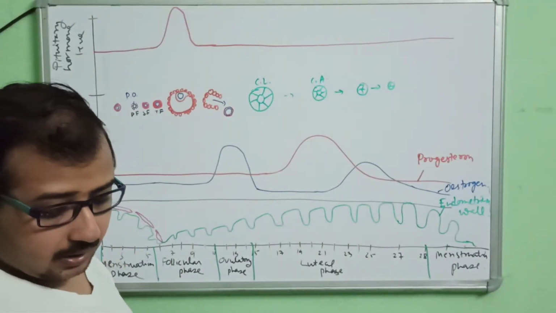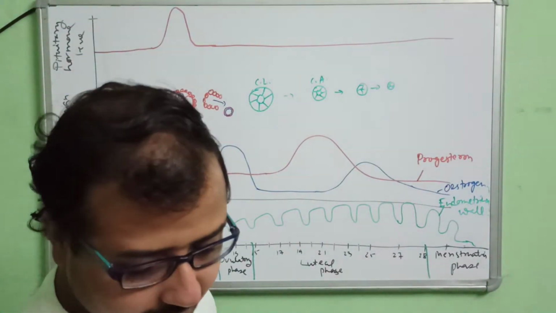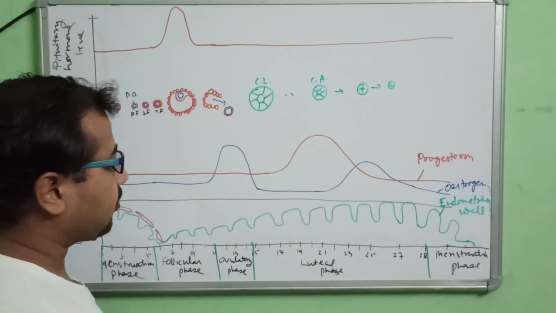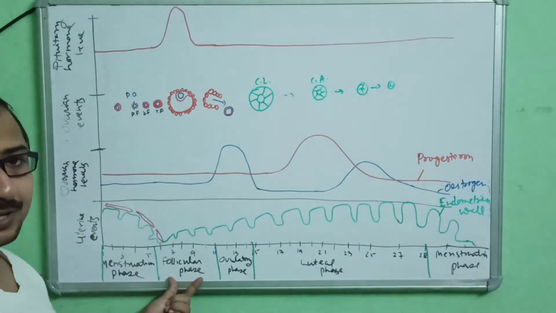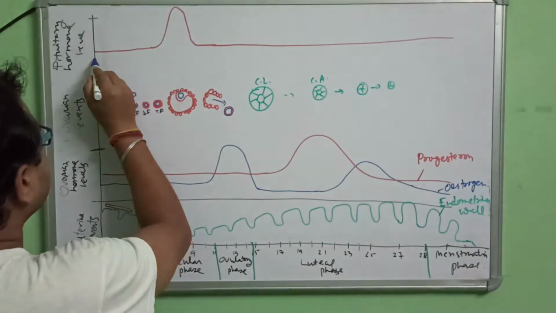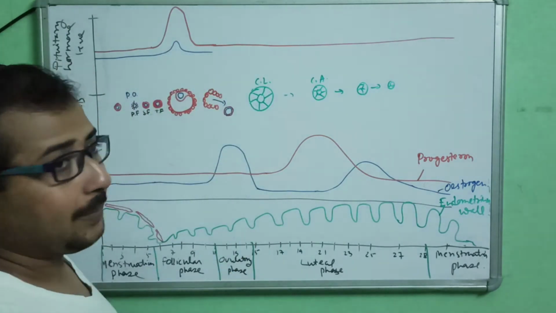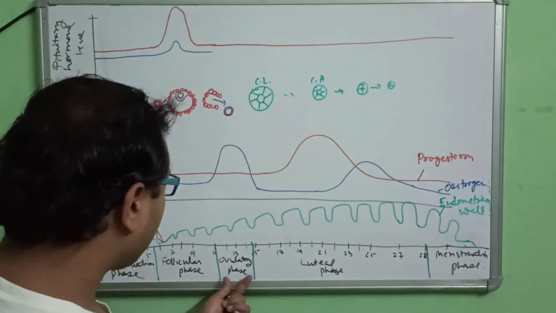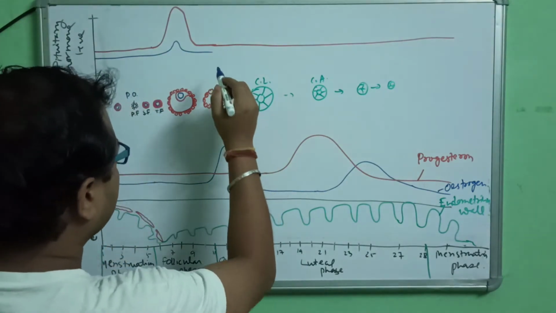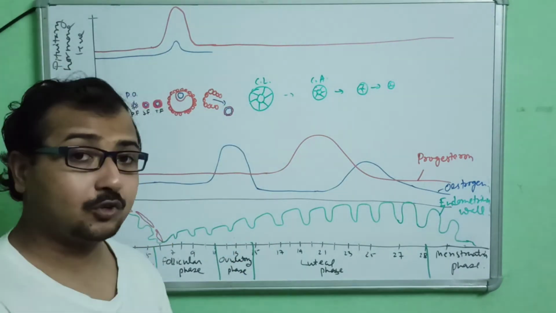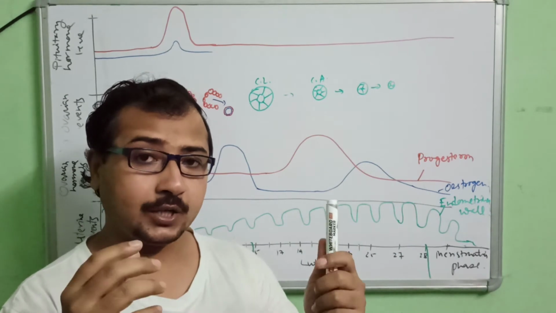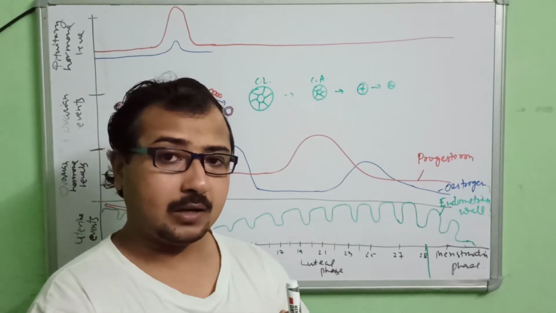Now the LH hormone, luteinizing hormone. What happens during the follicular phase? Luteinizing hormone plays a very small role here; mainly the FSH performs. Now in the ovulatory phase, LH will be secreted again, which is going to rupture the Graafian follicle.